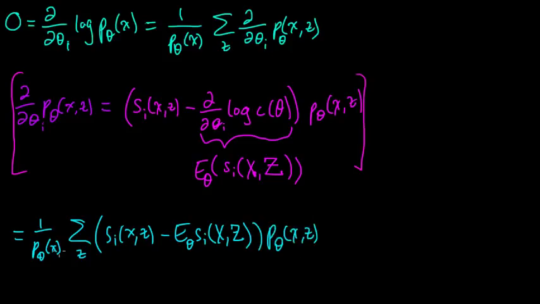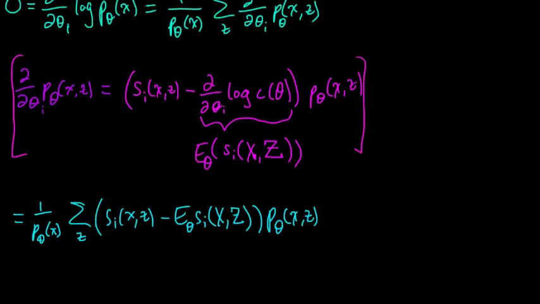Now if we move this 1 over probability of x and combine it with this, we just get the conditional probability of z given x.